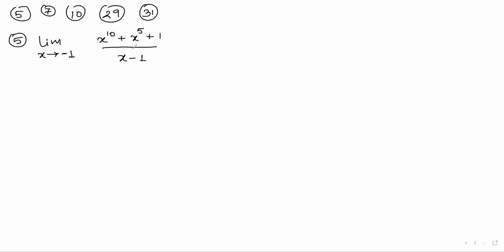So आप check कर सकते हैं direct substitution based है. Please put this value. बताइए what's the answer? One by minus 2. Very good. This is correct.